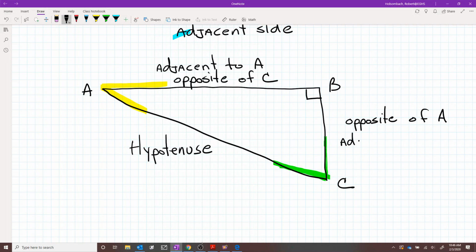Adjacent to C. And we don't write sine, cosine, or tangent ratios for the right angle because it's a 90-degree angle and you already know its measure. Good?